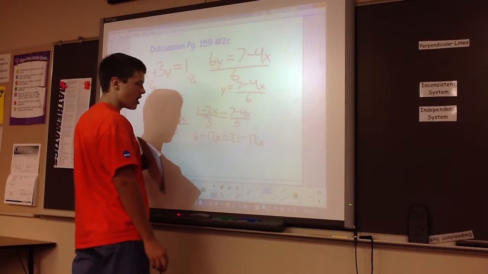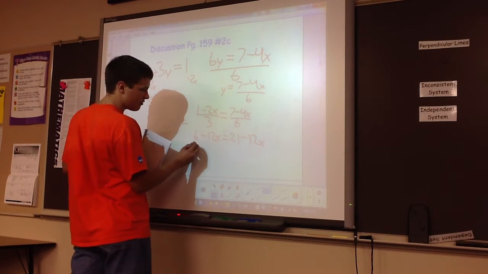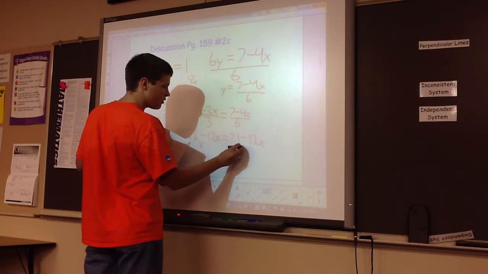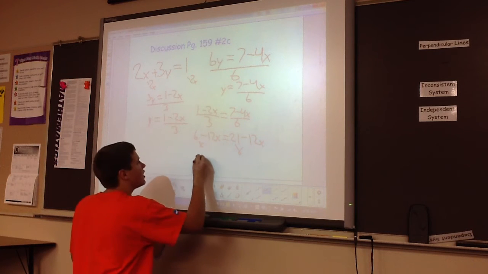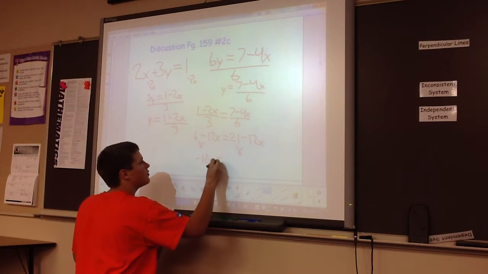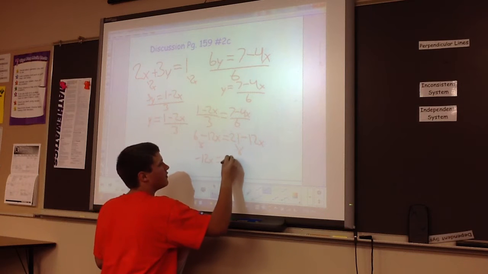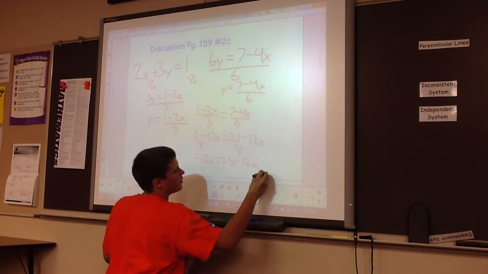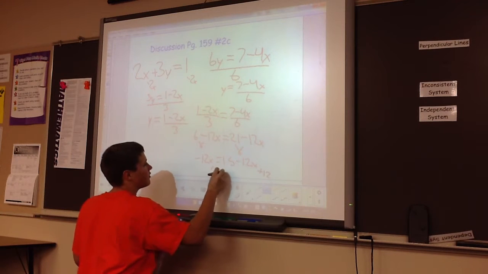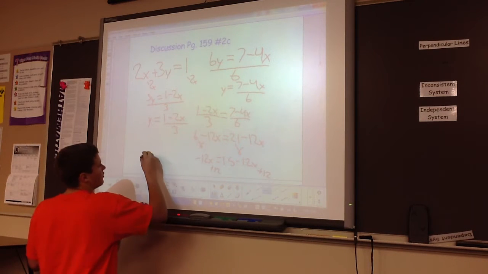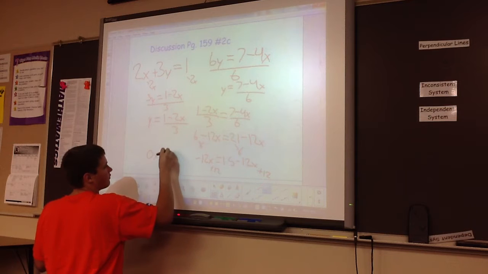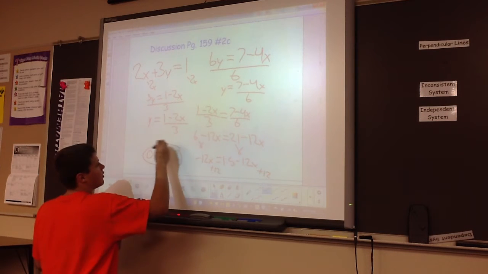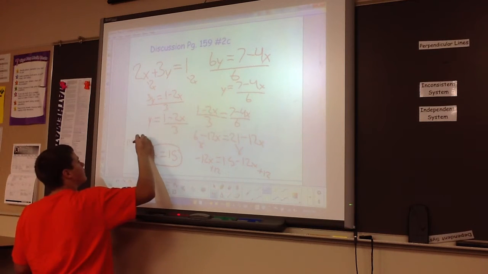Then I subtracted 6 from both sides. Got negative 12x equals 15 minus 12x. Then add 12x to both sides, and I got 0x equals 15, or no solution.